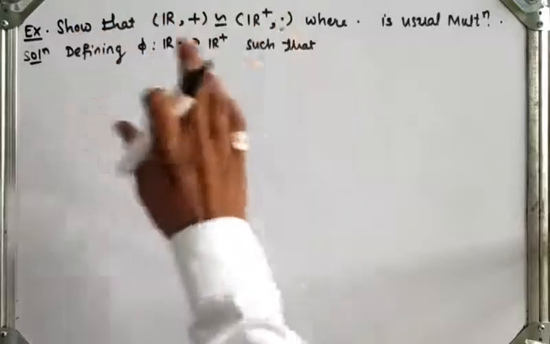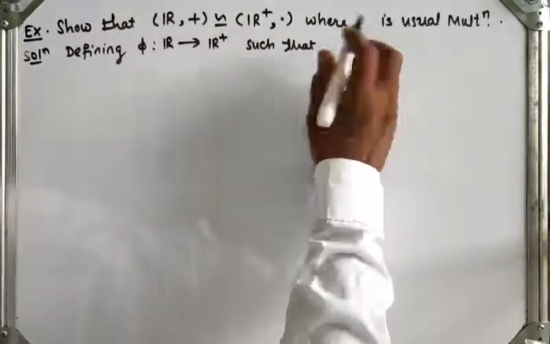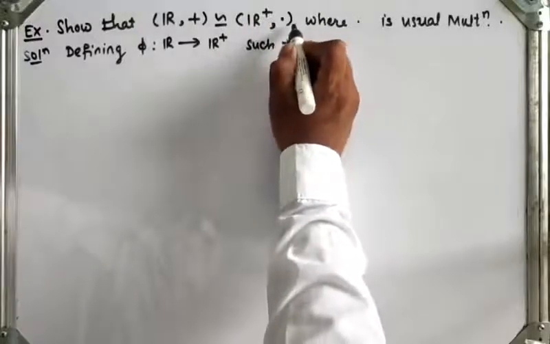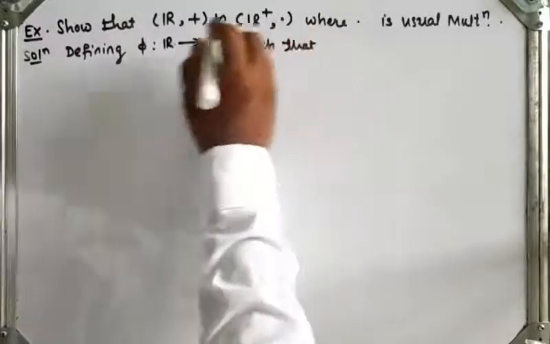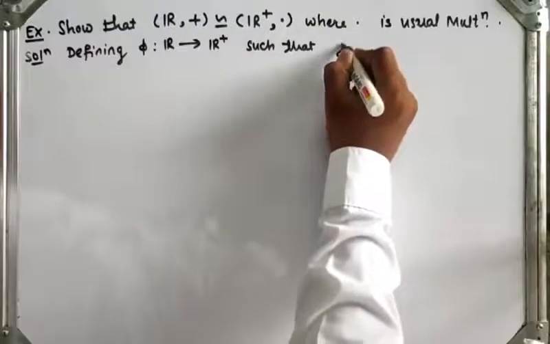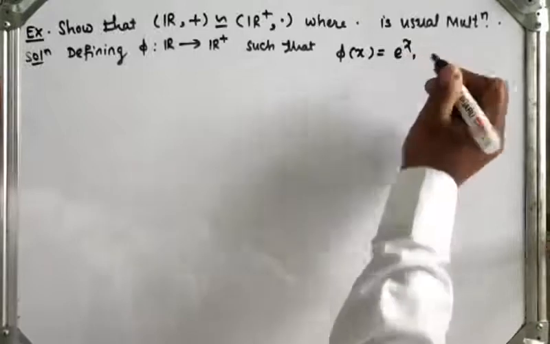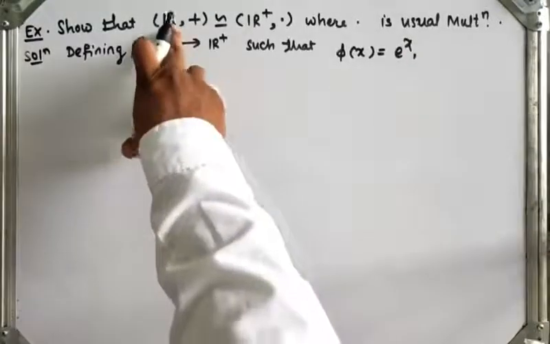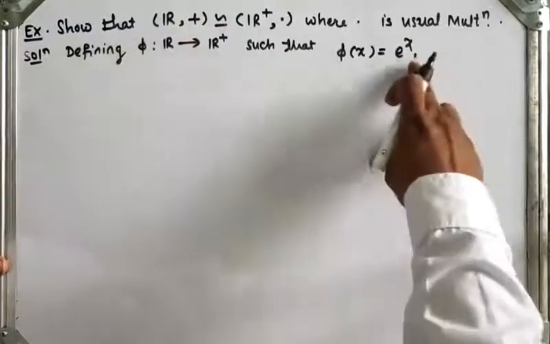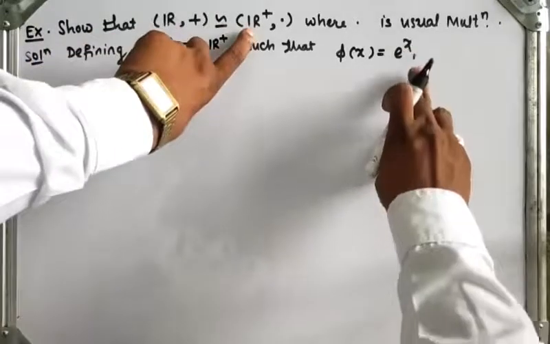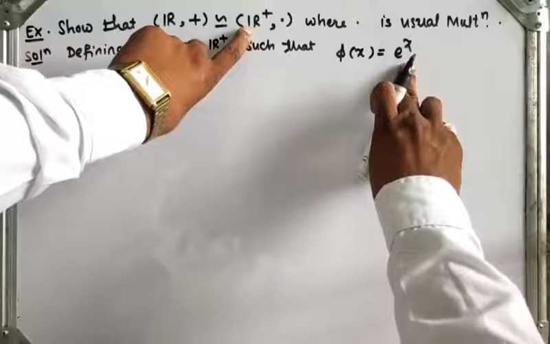So that type of function must be of exponential type, a raised to x type function. So we will define phi of x is equal to e raised to x, because here our domain is the real numbers, so every x is from the real numbers, and whose codomain is the positive real numbers.